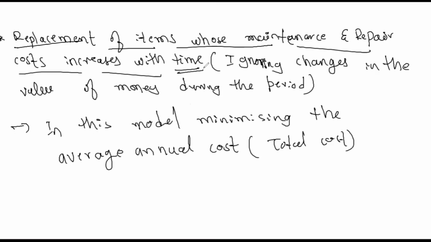Suppose you consider time as a continuous variable, we have certain models. Suppose you consider time as a discrete variable, we have different models, right?